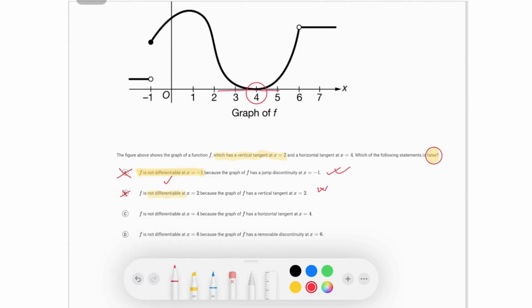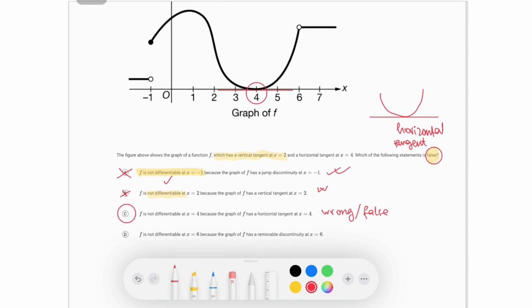You can see there is a horizontal tangent, something like this, and then something like that. So this is a horizontal tangent. Because the graph has a horizontal tangent, this statement is wrong, or false. So this is one option that suits the requirement that it is a false statement.